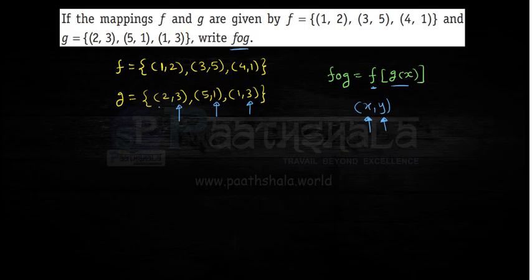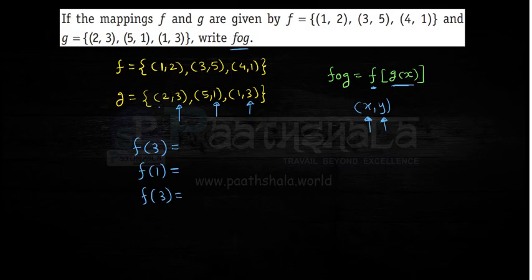So for f, the output of g of x is the input. So 3, 1, 3 are the input values for f. So we can write f of 3, f of 1, f of 3.